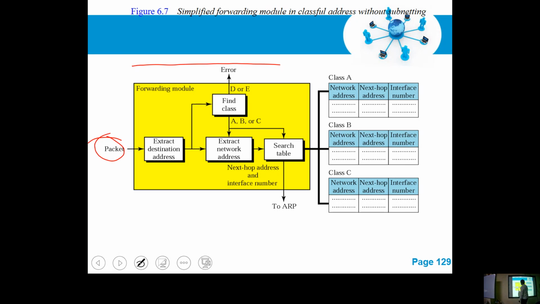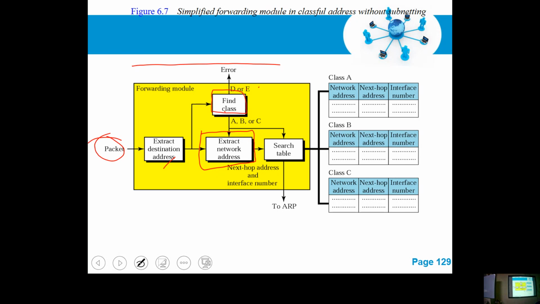What it does is it extracts the destination address. So what is the destination to which you want to reach? Once I extract that, I'll check what the class of that is. If it is class D or E, I will bypass this one. But if it is class A, B or C, I'm going to look at the network address.